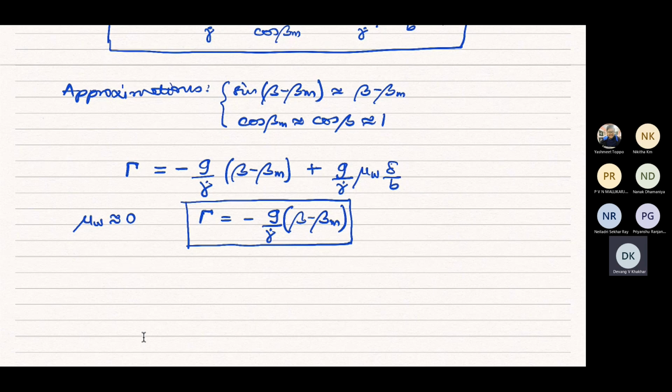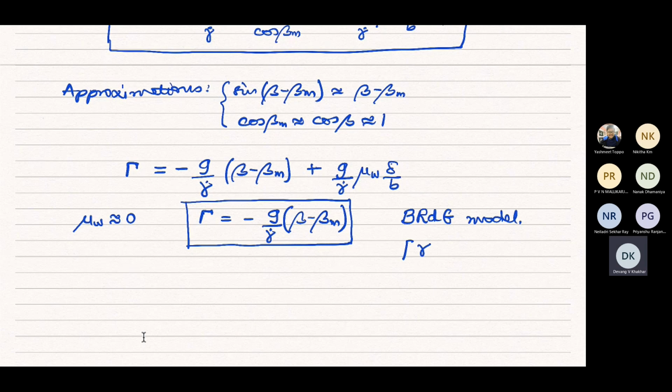But the key thing is that here this deposition rate doesn't depend on the thickness of the layer. It only depends on G and gamma dot. So that means this is closer to the BRDG model.